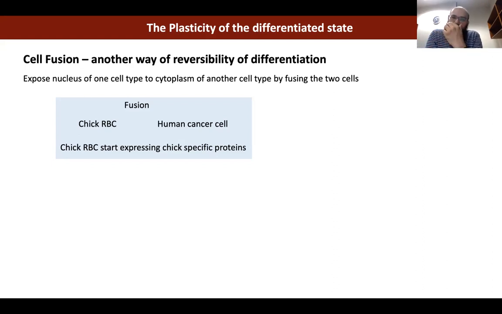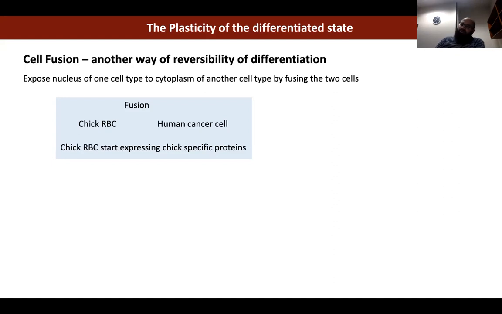So the scientists asked this question: if you fuse this chicken RBC with another cell, what would happen to the chicken RBC nucleus, which is normally repressed, if you expose it to the cytoplasm of a normal cell that has normal transcription factors and all that machinery?